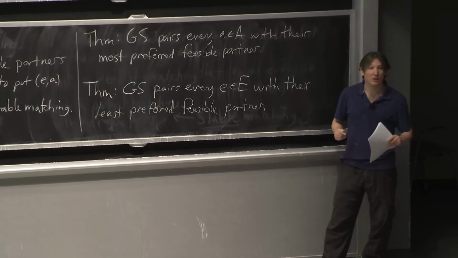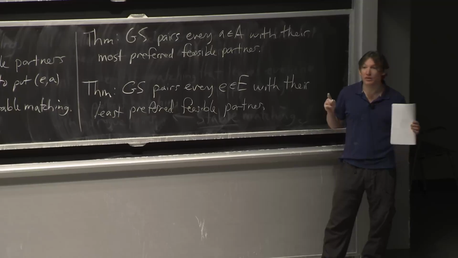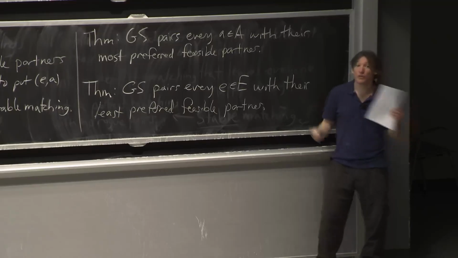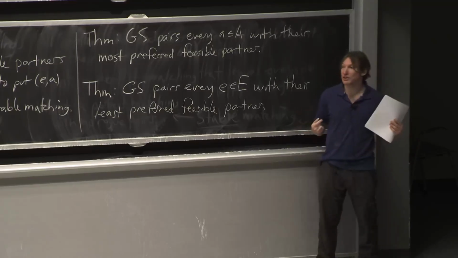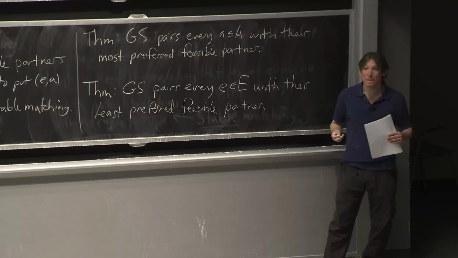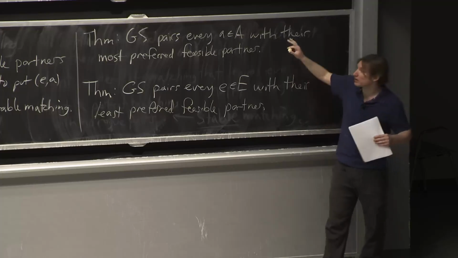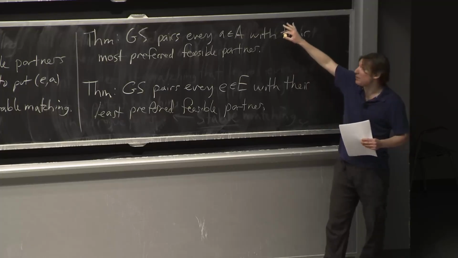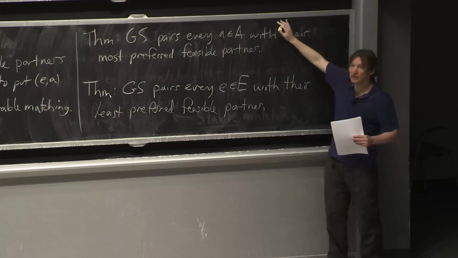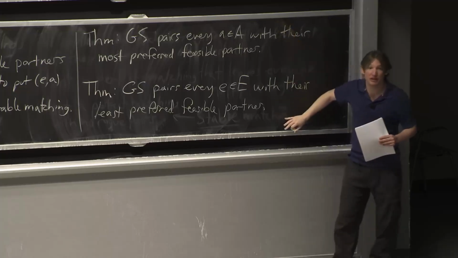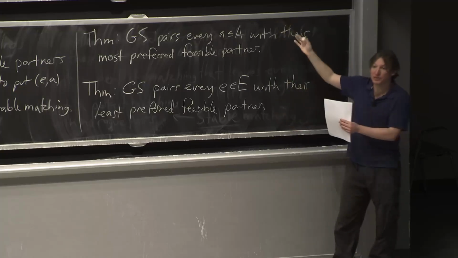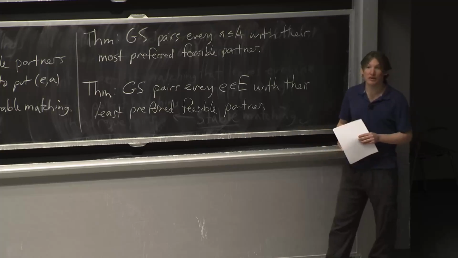Which brings us back to the question earlier, if we were to run this algorithm in reverse by swapping the roles of the evaluators and the applicants, we're going to move from the matching that is best for this set to the one that's best for the other set, and the one that's worst for the first set to the one that's best for the other set.